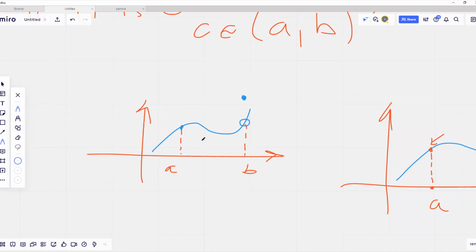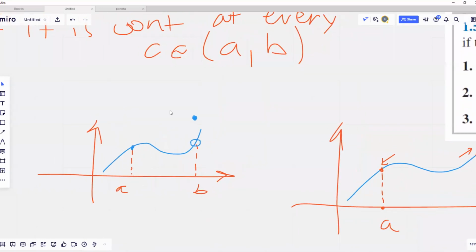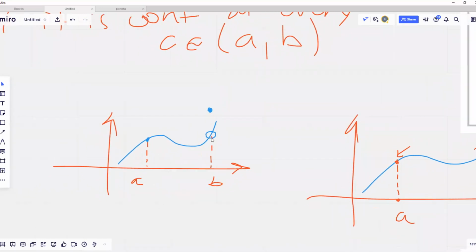First of all, we can see that the function is continuous on open interval from a to b. It is continuous from the right at the left endpoint, but it is not continuous from the left at the right endpoint, even though the value of function here is defined, it's not equal to the right-sided limit when we approach this point b.